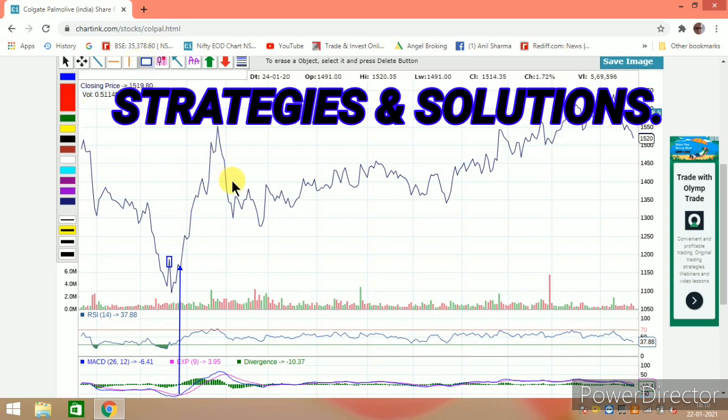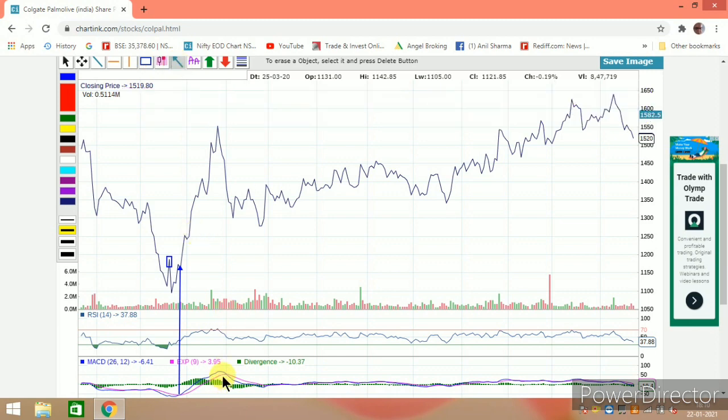The sell signal of MACD is somewhere here, whereas the sell signal of this in this case has come somewhere around here. But again, friends, immediately after this, it has fallen down.